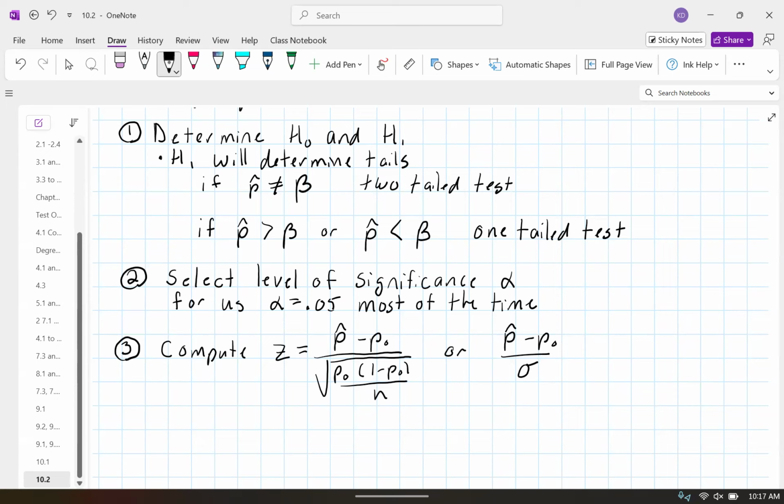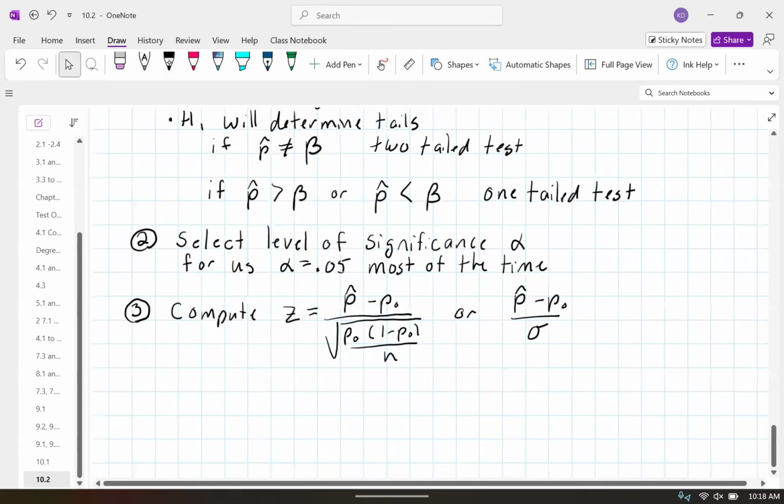Depending on how we want to think about this, our Z formula, which we've been using, is our P hat minus our P naught over our standard deviation. A lot of times they're going to give us all of these, like the P hat and the standard deviation, but sometimes we have to calculate it. So our Z score is going to be the same in either method. Steps 4 and 5 are what's different.